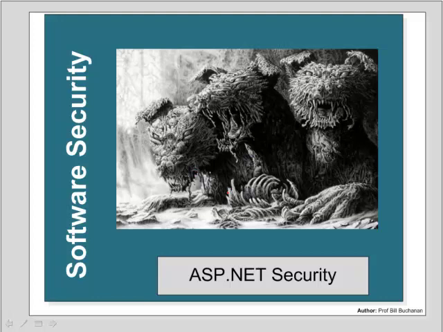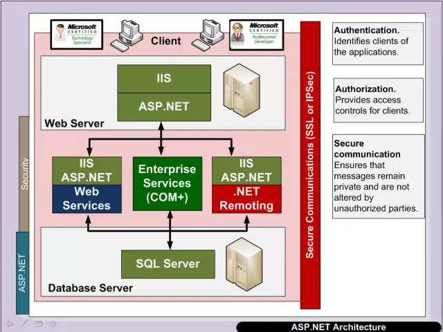So let's look at the infrastructure that ASP.NET provides. At the start we have a client, and the client will then connect to a web server. The web server itself will be running as an IIS service, which is built upon ASP.NET.